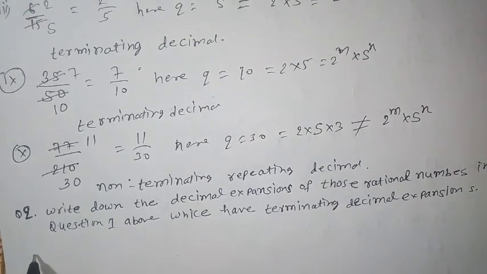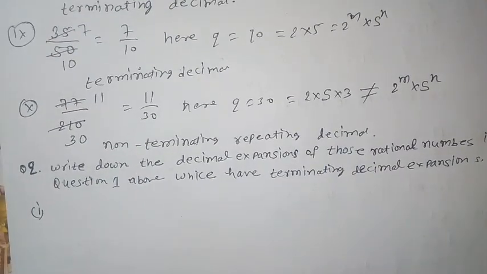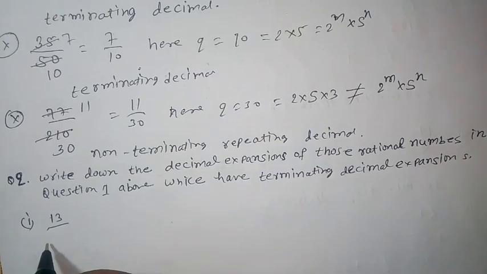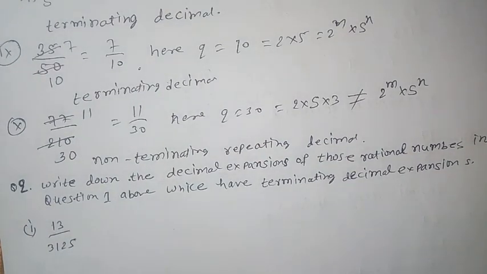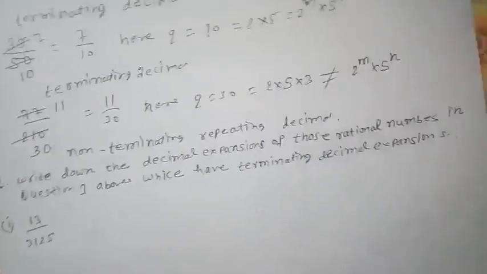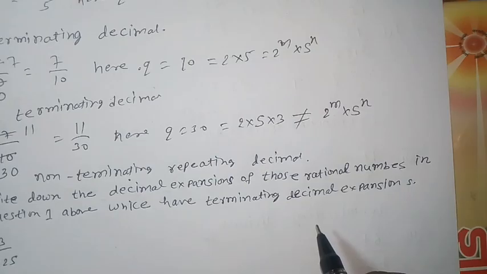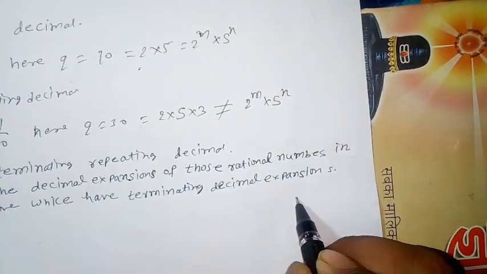Now question number 1 is a terminating decimal. So I find the decimal expression of this rational number. First, 13 by 3125. I divide 13 by 3125.